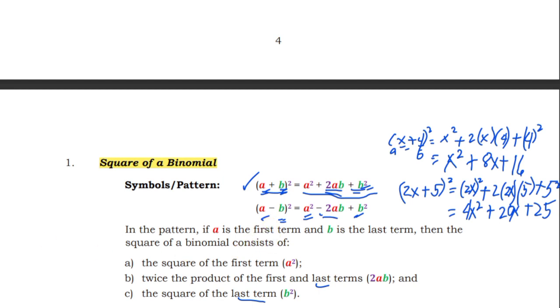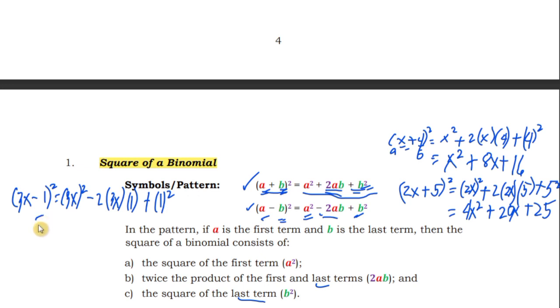Okay, next example is 3x minus 1 squared. So using this pattern, because it has a minus sign, we have the square of the first, which is the square of 3x, minus twice the first term times the second term, plus the square of the second term.